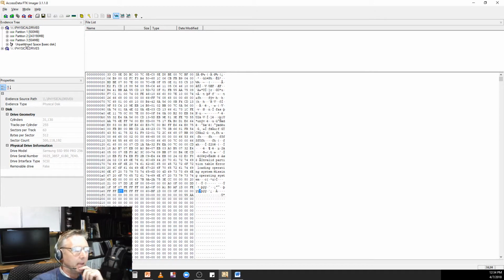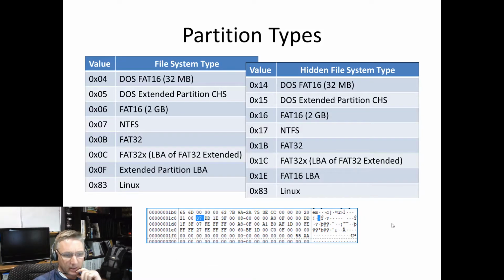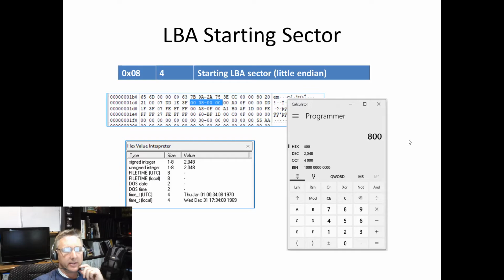All right. Now back to our lecture here. All right, next screen, the LBA starting address in Little Endian. And if you don't know what Little Endian is, I'll do my best to explain that right now. But let's see, these next 4 bytes are the starting logical block address for the first partition. It does tell us that it's 2048. Okay, if we look at the hex value interpreter in FTK Imager.